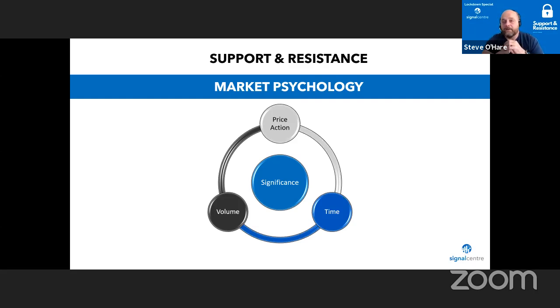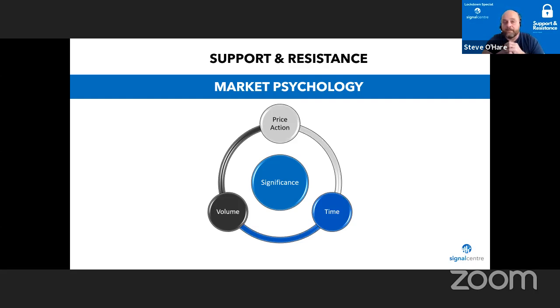Also, think about the time spent at that price. If we spend a lot of time trading around a certain price, say the DAX is trading around 10,000 and it's a point of equilibrium, you'll get buyers and sellers on a daily basis trying to take control, trying to get long above 10,000 for the move higher, and the shorts or the bears in the market will be trying to get short below 10,000 to look for the correction lower.